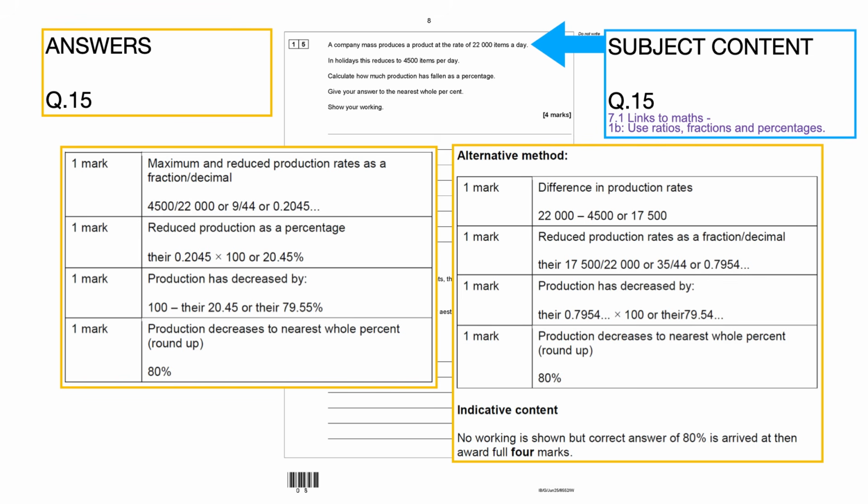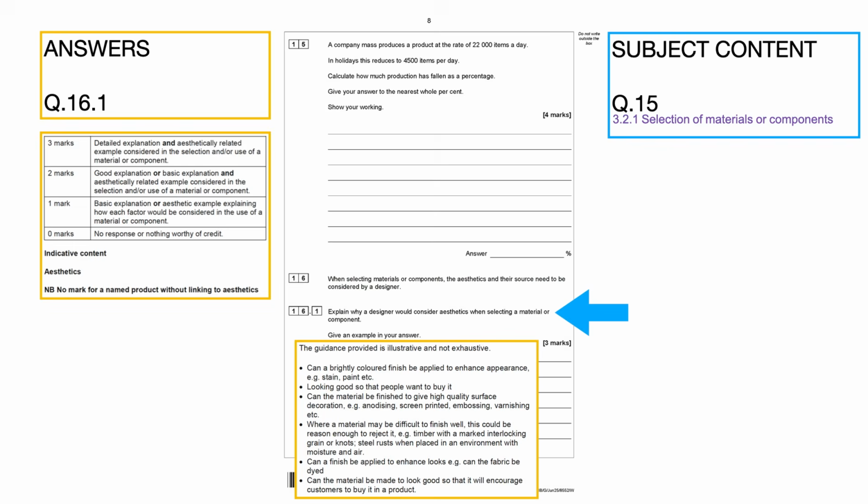Question 16, when selecting materials or components, the aesthetics and their source need to be considered by a designer. 16.1 is asking you to explain why a designer would consider aesthetics when selecting a material or component. And you need to give an example in your answer for those 3 marks.